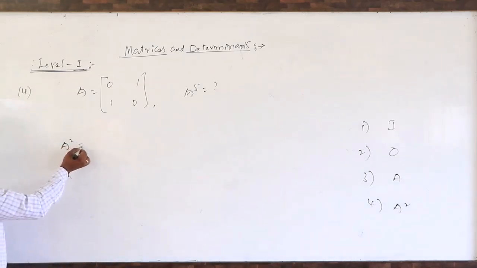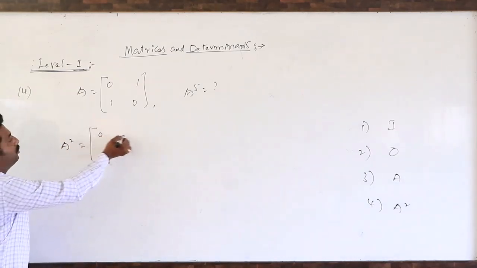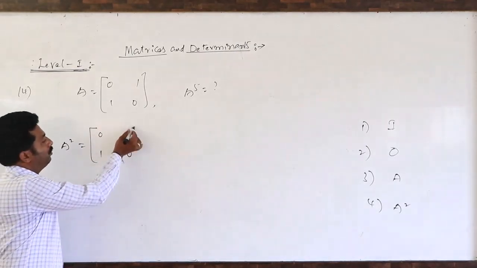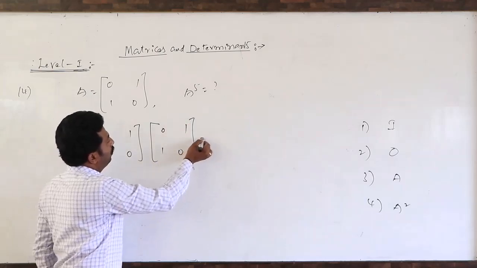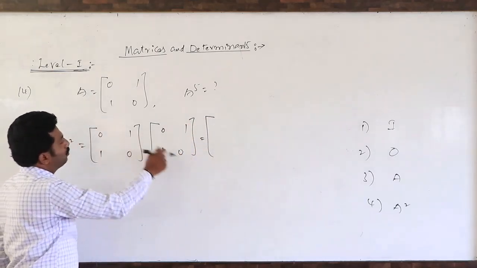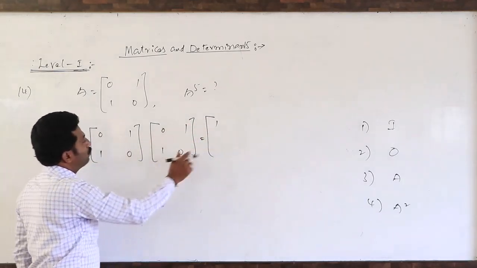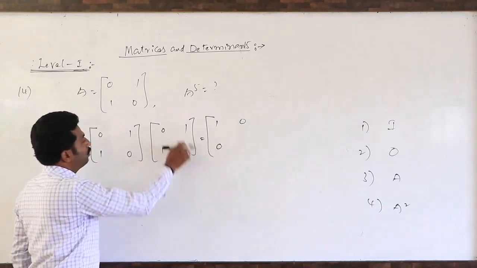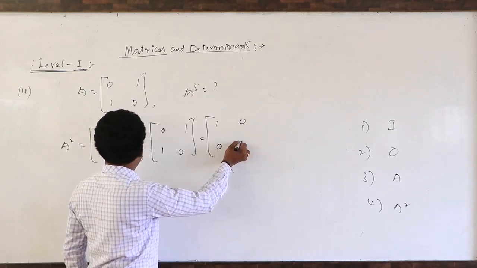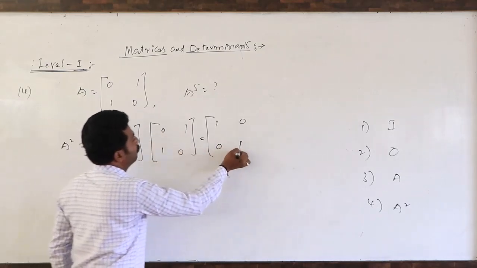So first A square we will see. A square means 0, 1, 1, 0 times 0, 1, 1, 0. How much we got? Rows to columns means 1, rows to columns means 0, rows to columns means 0, this row, this column means 1.